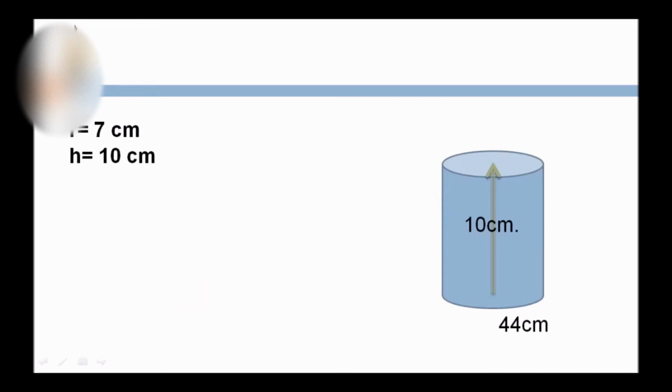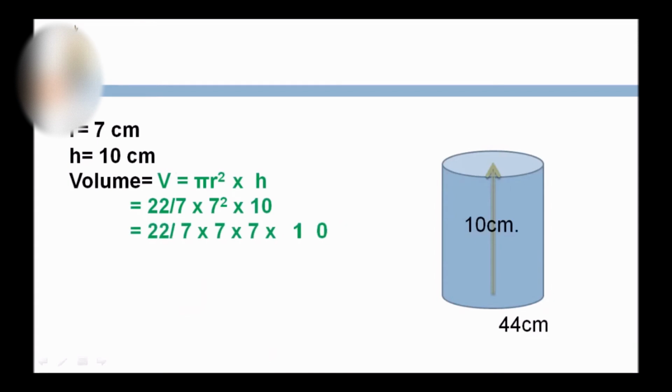Now we know radius as well as height, and the formula is pi r square into h. Again put values. Then by solving we get 154 multiplied by 10 because 7 will cancel the other, and multiply this 7 with 22.